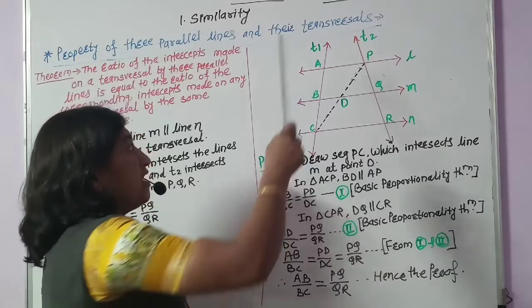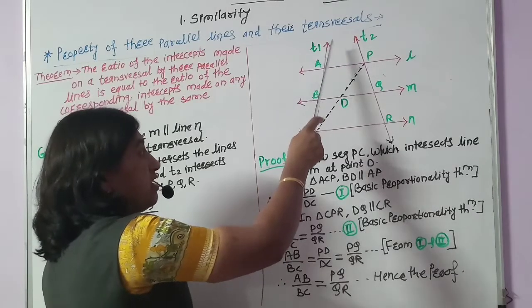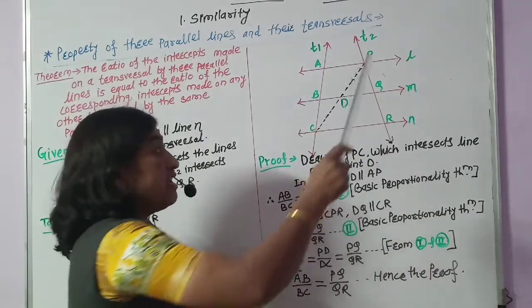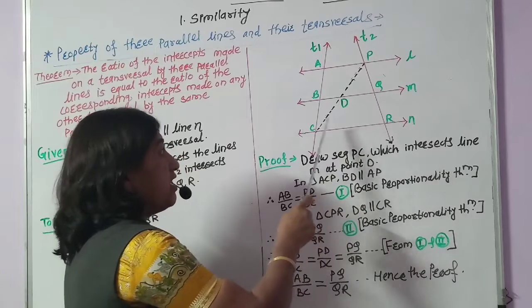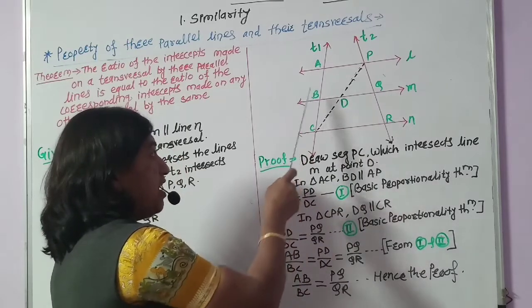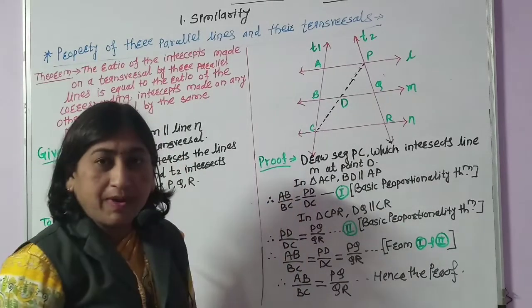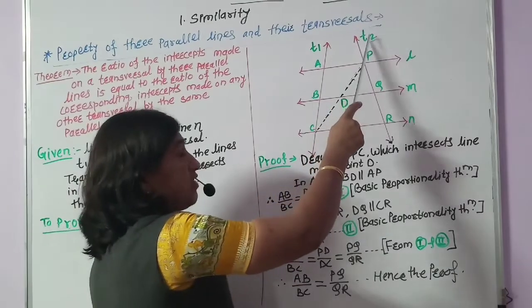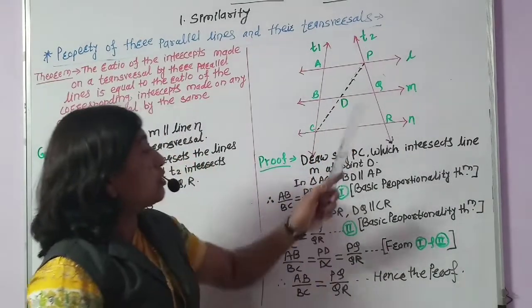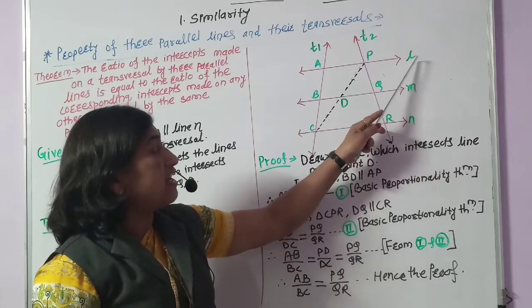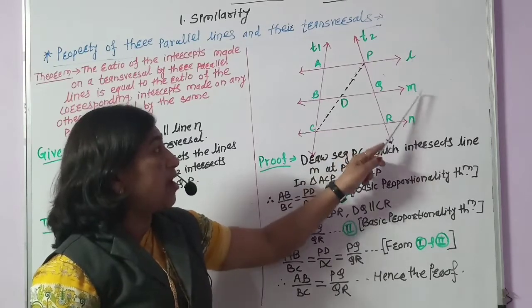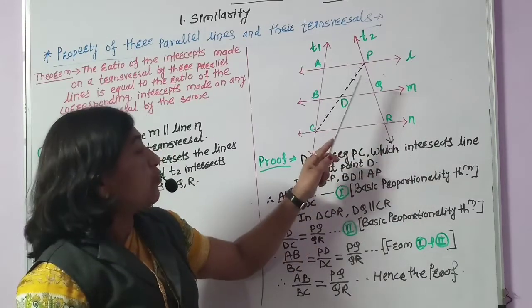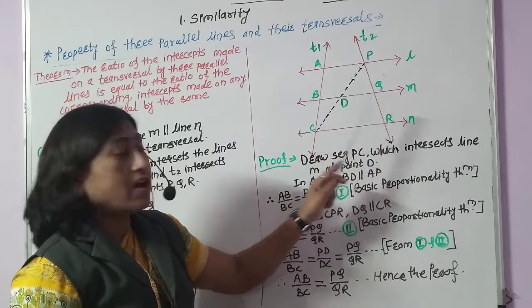This transversal T1 intersects the lines L, M and N in points A, B and C respectively. Similarly, this transversal T2 also intersects the parallel lines L, M and N in points P, Q and R respectively.